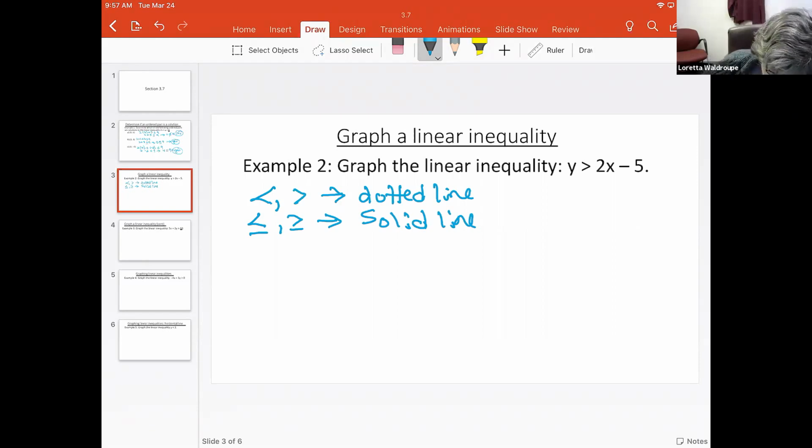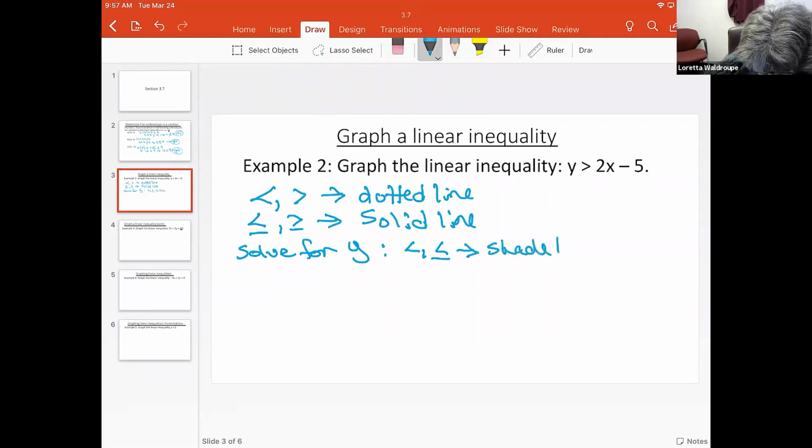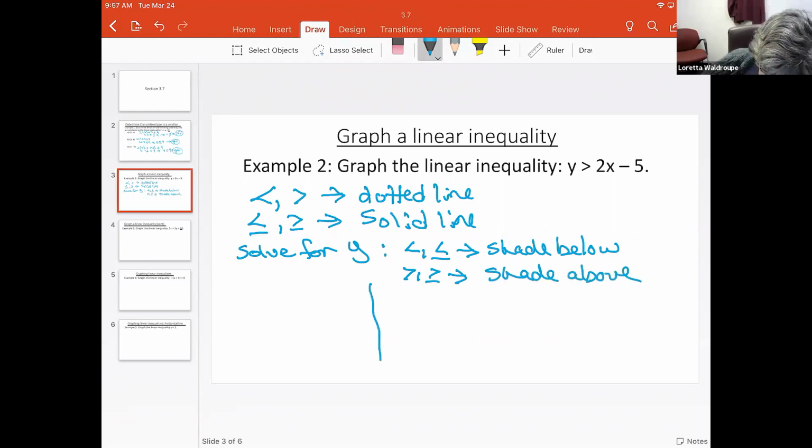Okay, you're going to solve for y, and if it's less than or less than equal to, shade below. If it's greater than or greater than equal to, you're going to shade above.